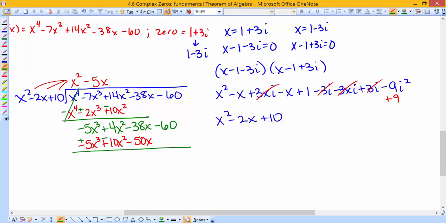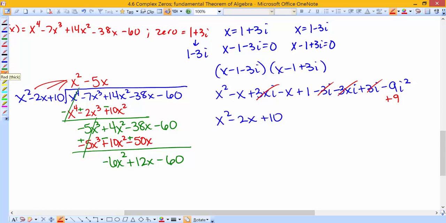So plus, minus, plus. 5x cubes cancel. 4 minus 10 is negative 6x squared. Negative 38 plus 50 is 12x. And then I still have the minus 60. All right, nothing else to drop down, which means this is going to be the last one. And don't forget, your remainder should be 0.